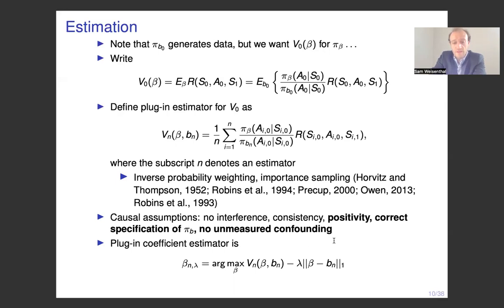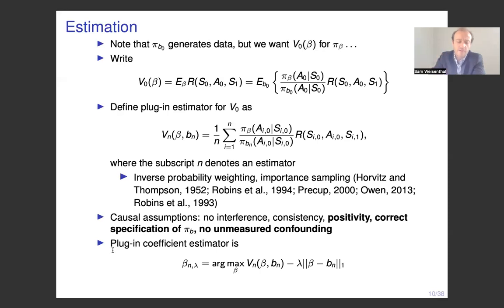Just to drive this home: if the healthcare provider is considering some variable like serum creatinine, and you don't have it in the covariates you've measured, you can't use this kind of estimator. Also, if the final outcome depends on some covariate like heart rate and you don't have it in the covariates that you're considering in S, you can't use this estimator. So you need everything that affects the action and the final state.